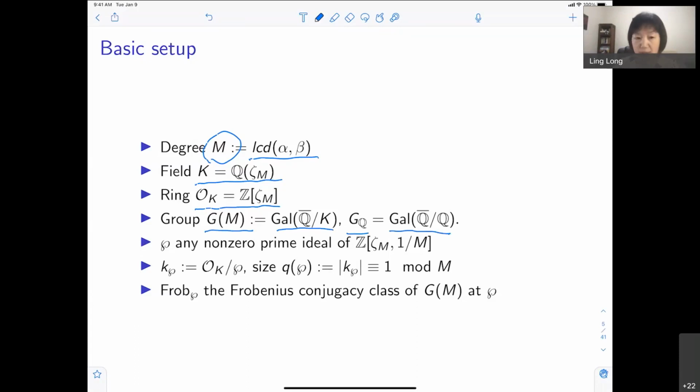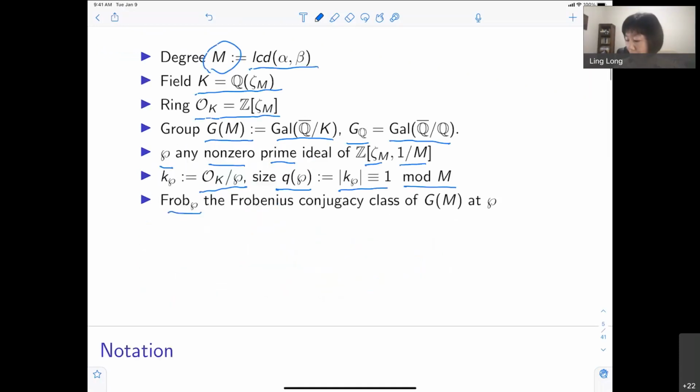And now if I pick any non-zero prime ideal P in this ring, coprime to M, we can build a quotient field by using the ring modulo the non-zero prime ideal. And the size by the setup is going to be 1 modulo the least common denominator. So we're going to use Frobenius_P to be the geometric Frobenius conjugacy classes.